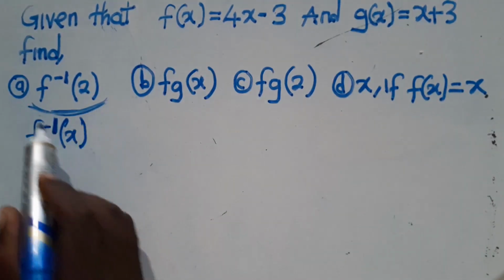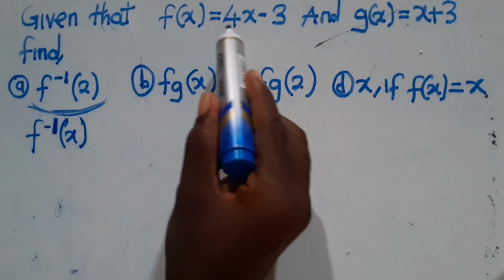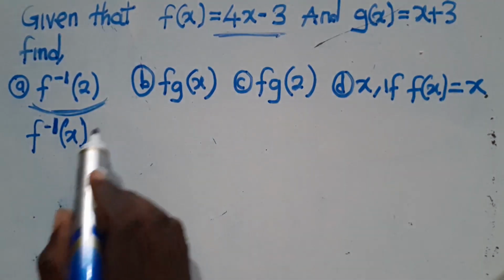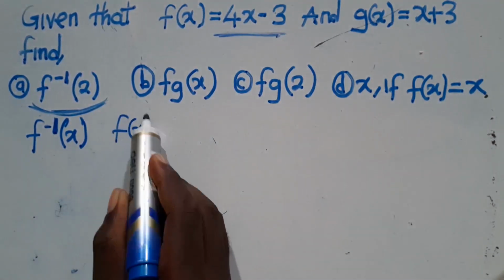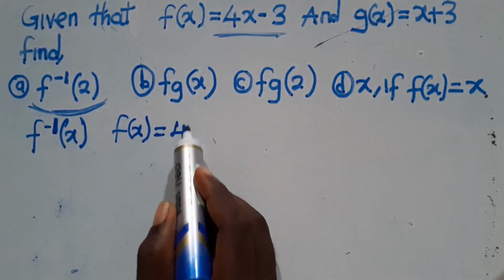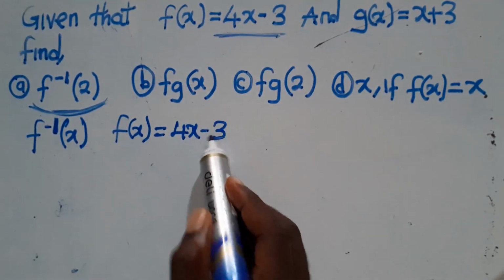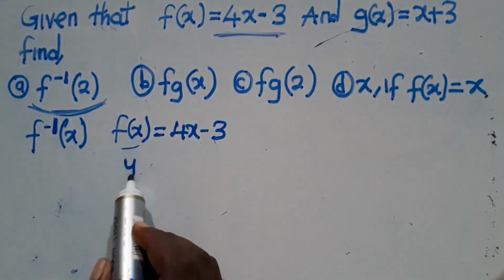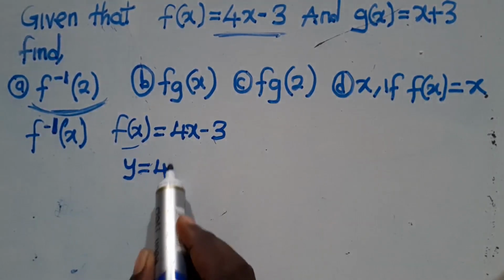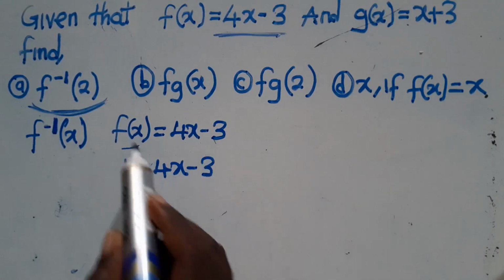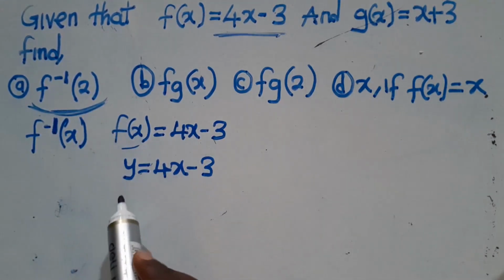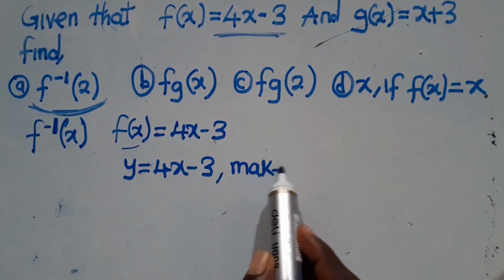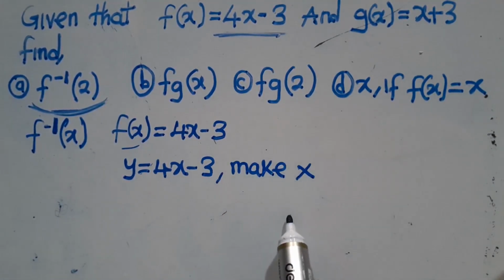What is the function f? f of x is equal to 4x minus 3. Then where there is f of x, I put y equal to 4x minus 3. Here, you need to make x the subject of the formula.